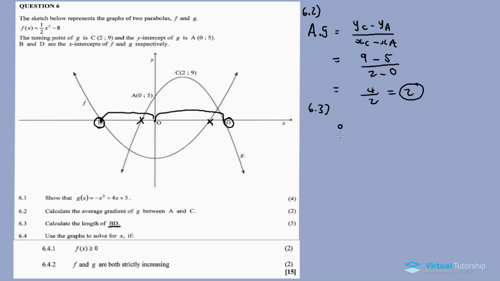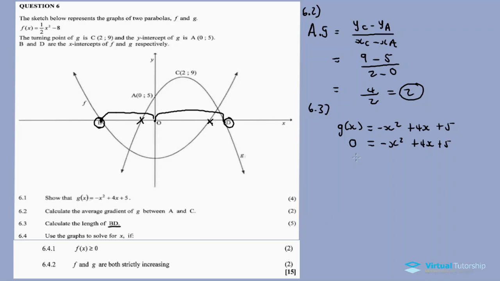Starting with g, so g of x is equal to minus x squared plus 4x plus 5. If I lose you while explaining this idea, I will tie everything up when I do the calculations. Since I want the x-intercepts, I let y be equal to 0: 0 equals minus x squared plus 4x plus 5.